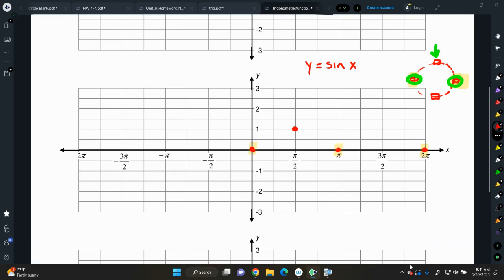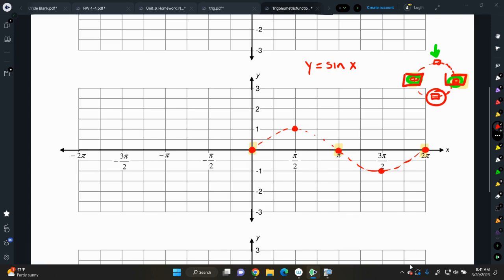In between this point and this point, I reach my minimum height, which is -1. So I'm just cutting it in half. I plotted my two zeros based on the period, and then halfway I put another 0. Halfway between the first set of zeros, I have my maximum. Halfway between the next two zeros, I have my minimum, and there's my curve.